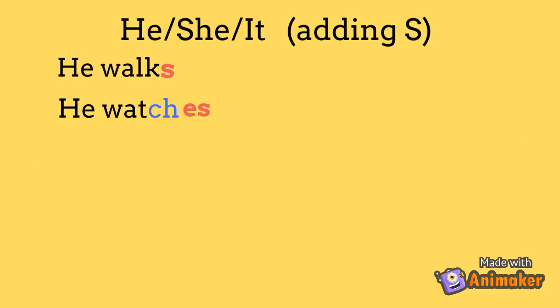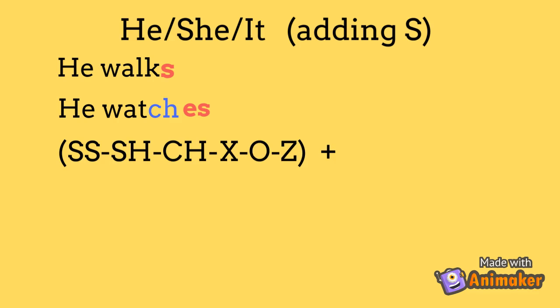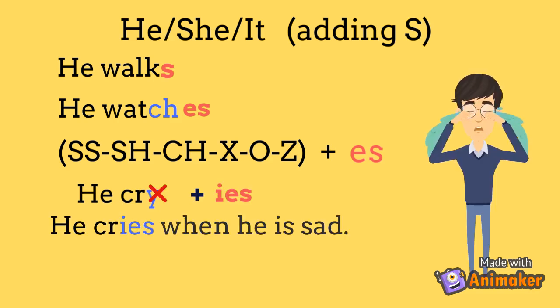Sometimes the verb ends in ss, sh, ch, x, o, or z. We add es to these verbs with he, she, and it. If a verb ends in a consonant plus y, we cross the y and add ies.